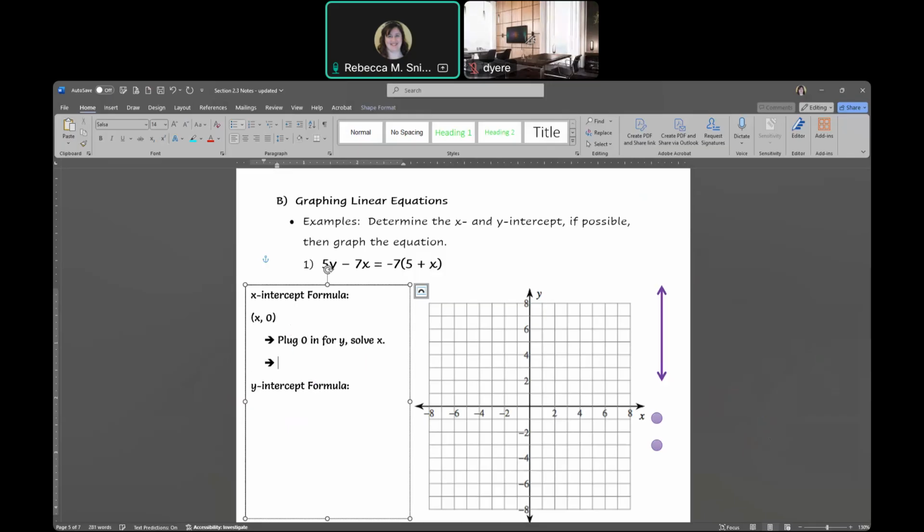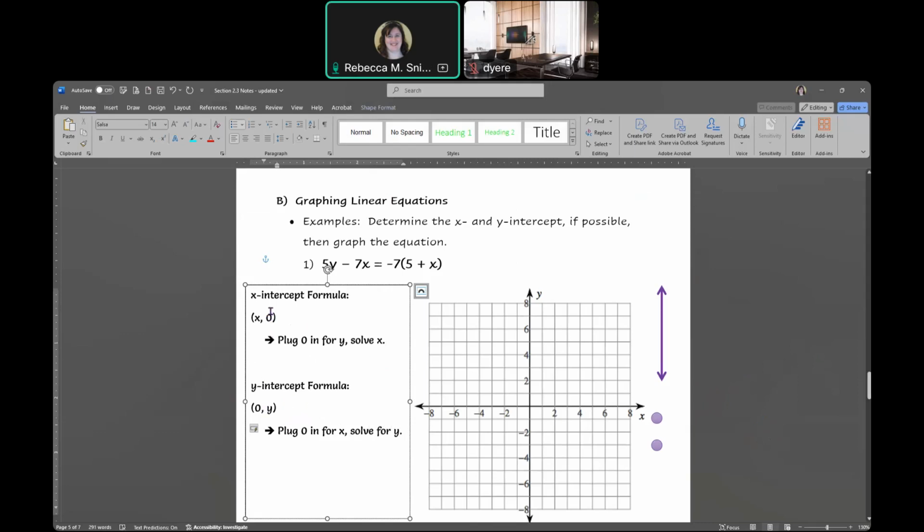Okay? Now, we also have a formula for your y-intercept, which says 0 comma y. This holds a similar definition in that you are going to plug a 0 in for x, and you are then going to solve for y. Okay, and so that's what your y-intercept is.